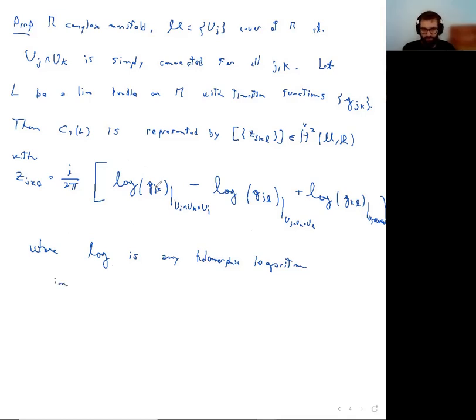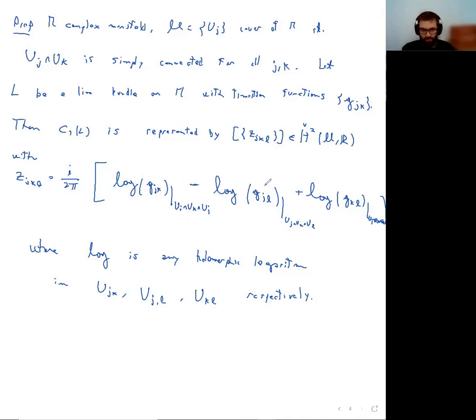So each of these logs, you take a log. So the intersection U_j intersected U_k is simply connected, so you have a logarithm. You have many, you just take one, and then you restrict it.